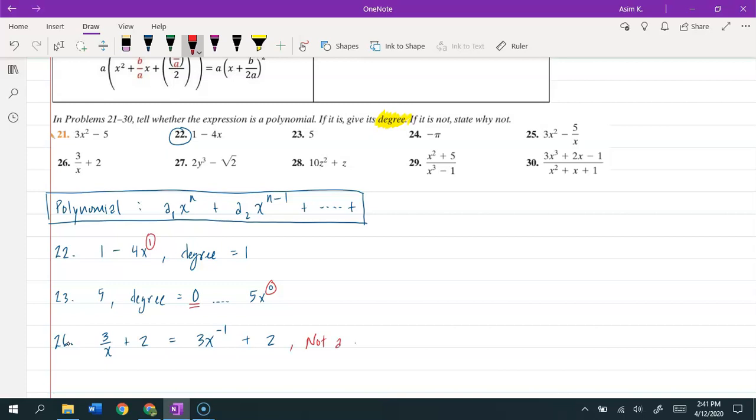All right, this is not a polynomial. And so one thing that you come to the conclusion about is the degree cannot be negative. You can't have negative degrees. All right, it can only be a 0th degree or a positive degree.